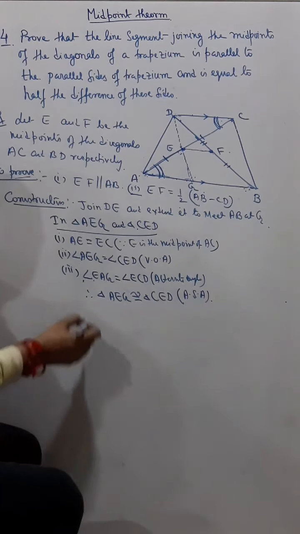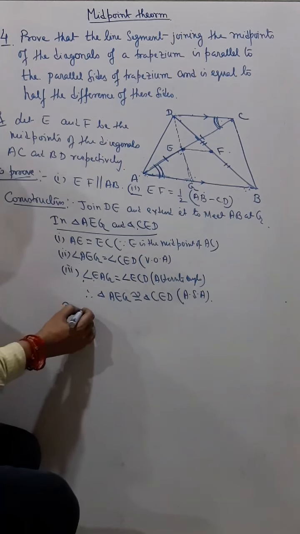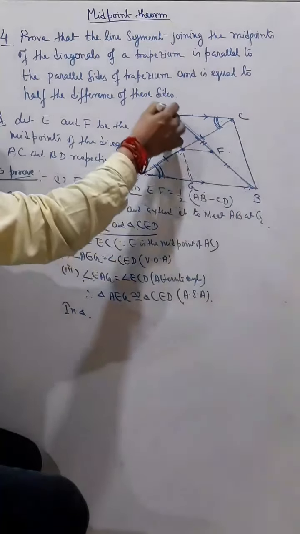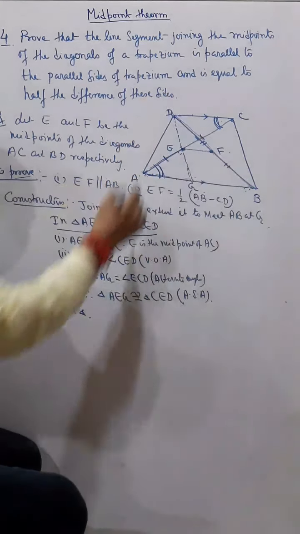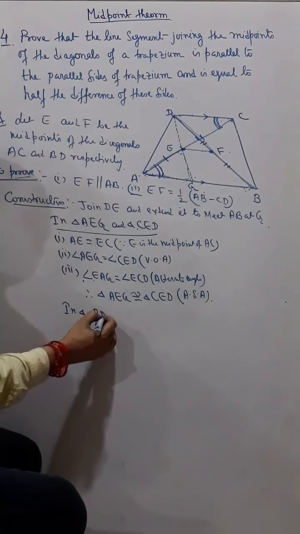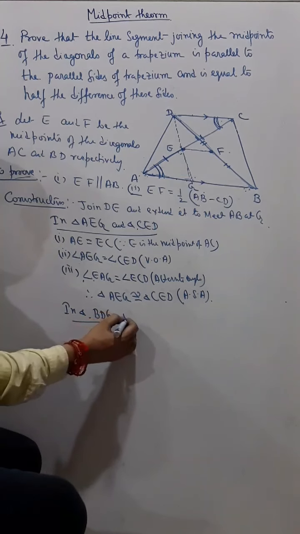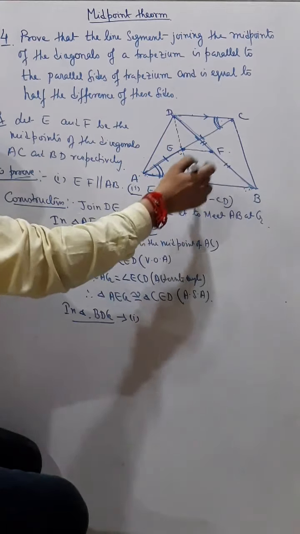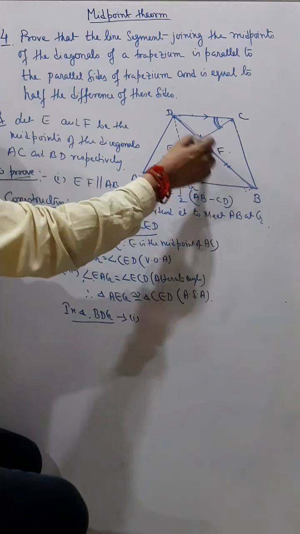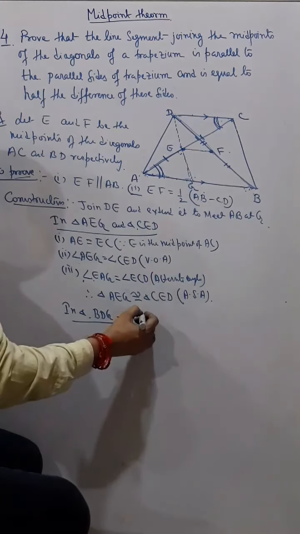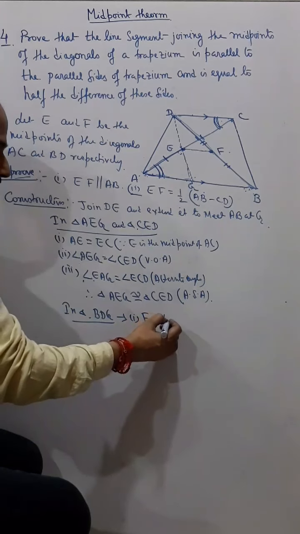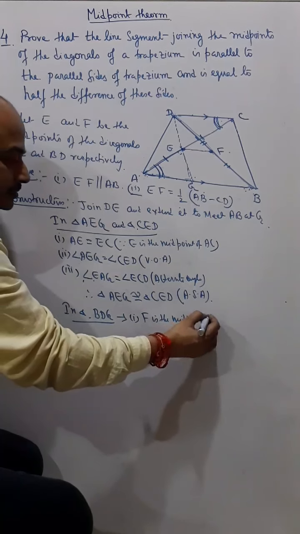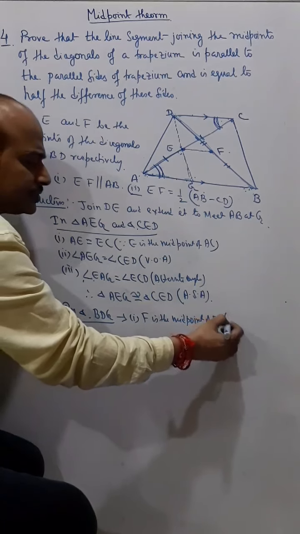Okay, understand? Now in triangle BDG, you can see this triangle BDG. First we can say that F is the midpoint of BD, which was already given.